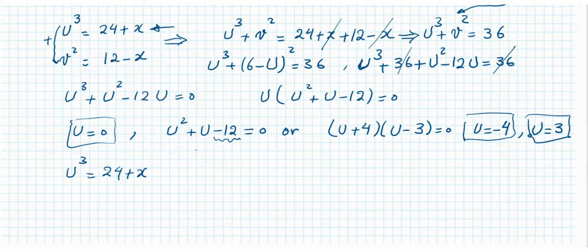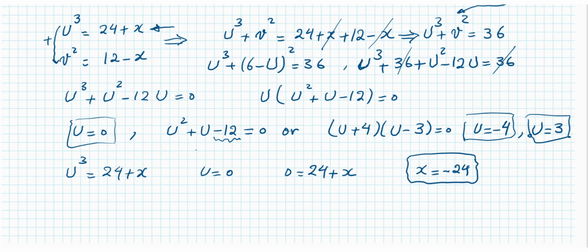So first we substitute u as 0. Zero is equal to 24 plus x, and the value of x is minus 24. So that's one of the roots of this equation.